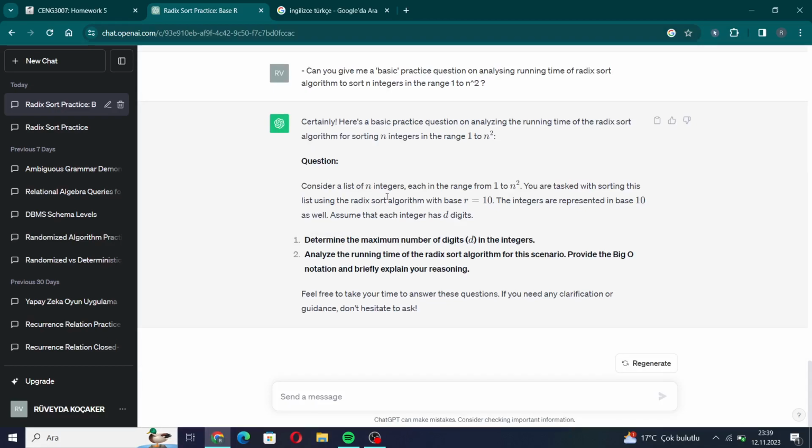Consider a list of n integers, each in the range from 1 to n square. You are tasked with sorting this list using the Radix Sort algorithm with base r equal to 10. The integers are represented in base 10 as well. Assume that each integer has d digits. Determine the maximum number of digits d in the integers.